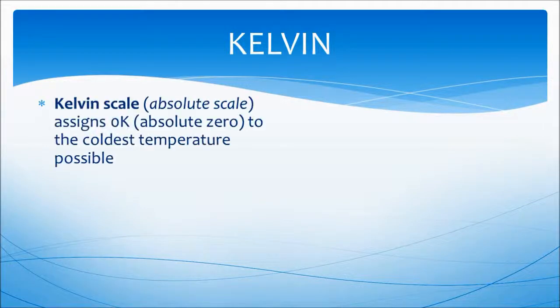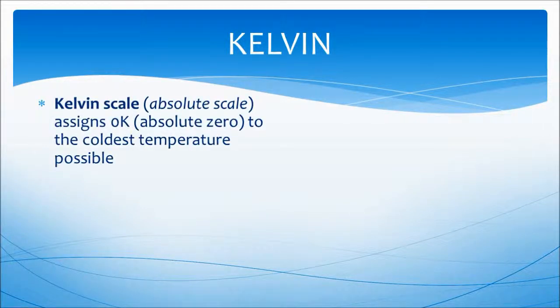Now, one other unit of measure that you might not be familiar with is the Kelvin. The Kelvin is used to measure temperature. You may be familiar with measurements in Fahrenheit or in Celsius. In chemistry, we typically use Kelvin or we will use Celsius.